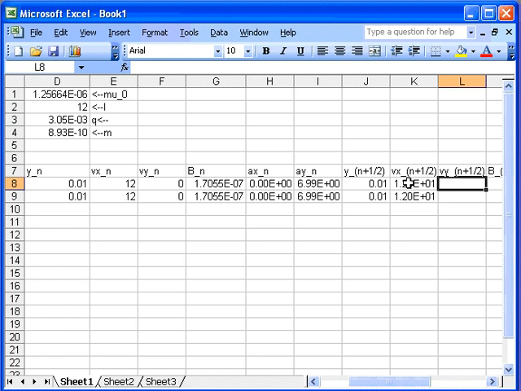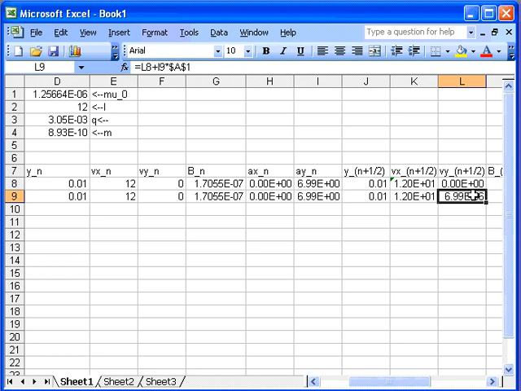Alright, let's try this one. Equals Vy0 plus AX0 times $A$1/2, and then here equals previous value plus new acceleration times the full delta t.